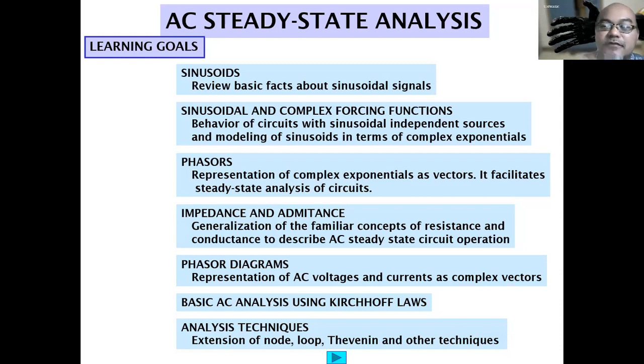How the voltage, for example, is slowly stored in the capacitor, how the current is stored in the inductor, and how the energy is stored in the inductor.